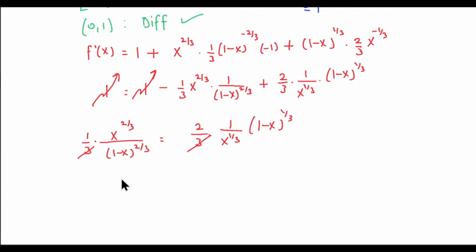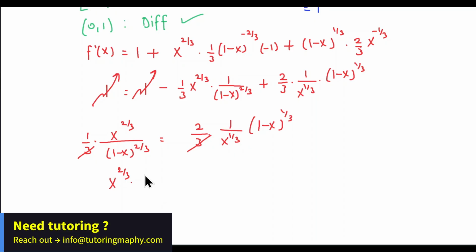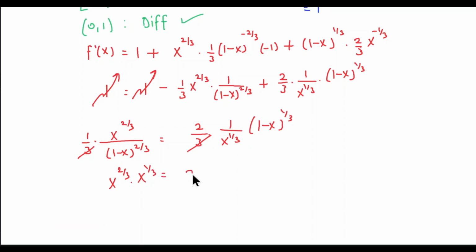Let's cross multiply. So x to the 2 over 3 is multiplied by x to the 1 over 3. It won't be annoying anymore. And then here 2 times 1 minus x to the 2 over 3 comes here, times 1 minus x to the 1 over 3. Base is same, power is added, so it will just become x, because 2 over 3 plus 1 over 3 is 1.